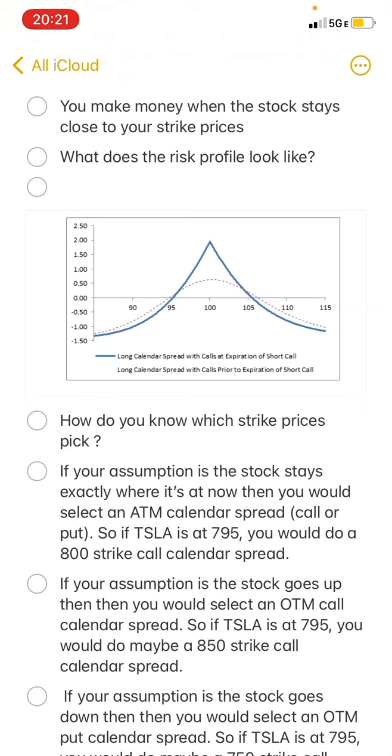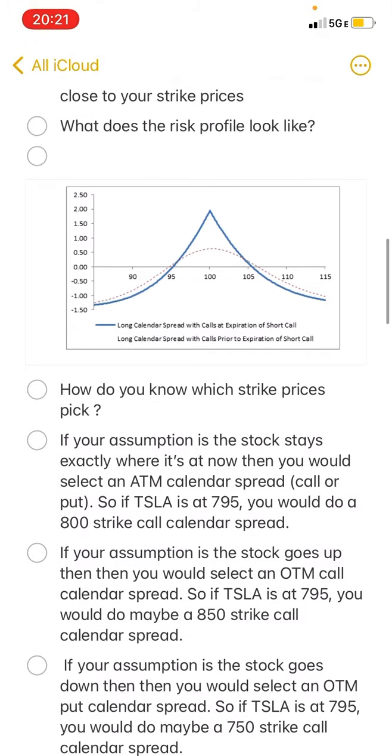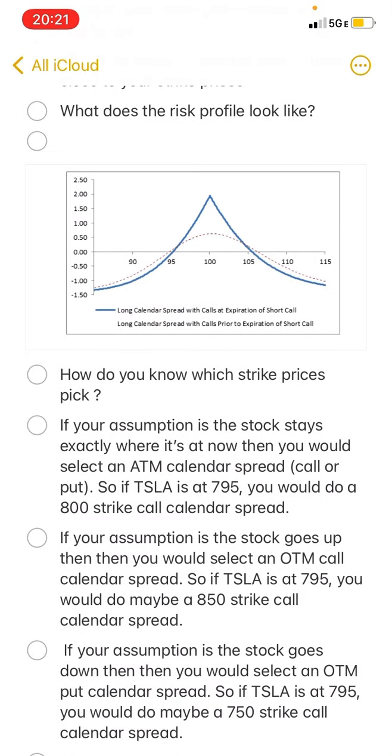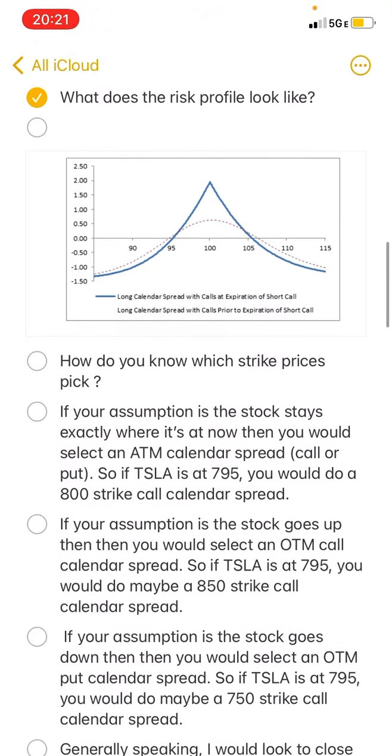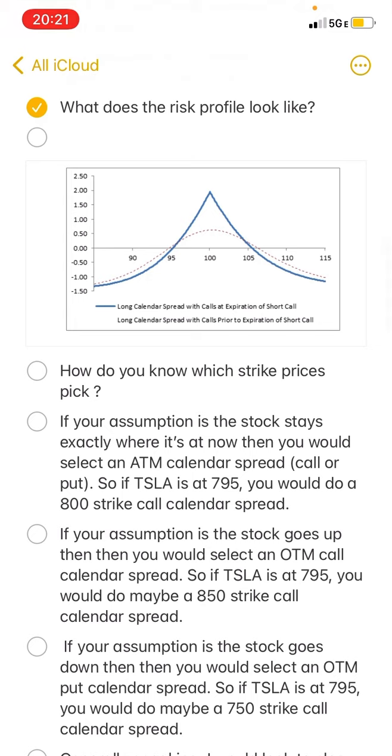So the more that one goes in the money, you're going to lose money at a faster rate than the long term one. So what does the risk profile look like on these calendar spreads? It kind of looks like a tent. So in this picture above here, you have what looks to be a 100 strike calendar spread.